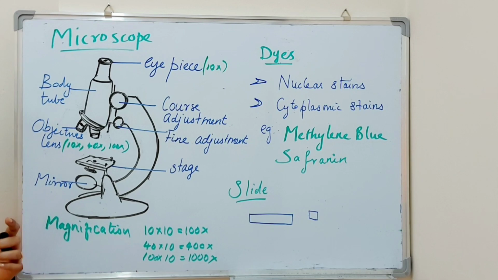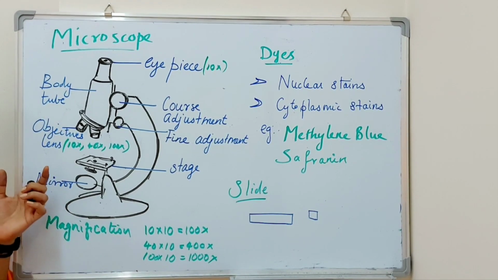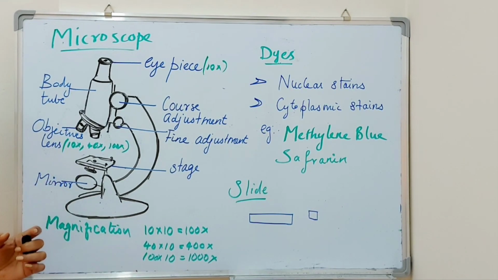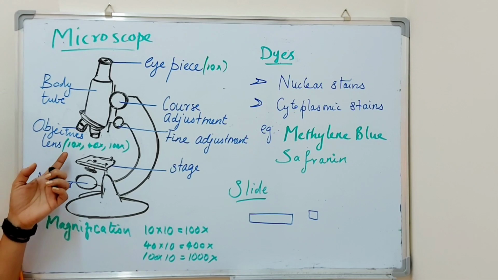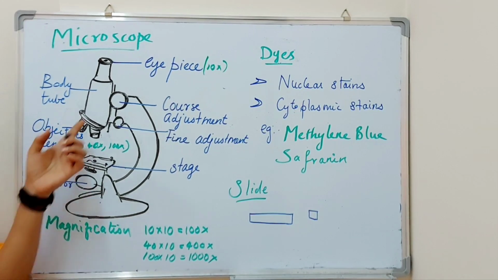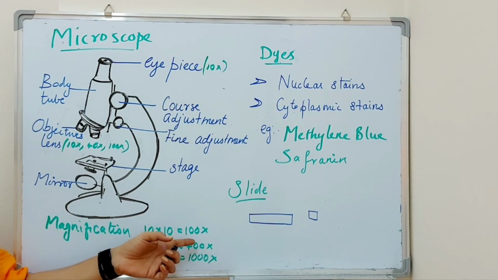Now how to find out the magnification? Magnification is the product of the magnification produced by the objective lens and the ocular lens. So if we are choosing the 10x objective, then magnification will be this 10x into the 10x of the eyepiece. So total magnification will be 100x.